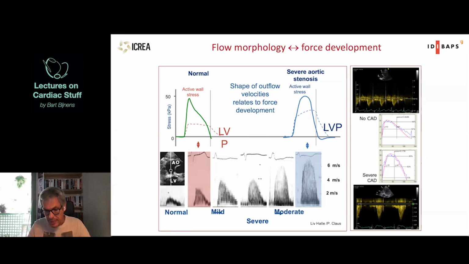And so looking at this would be similar. Or if you would, for example, take your volume traces over the cardiac cycle, if you would have this dynamics, then you will see also that that will change. So this information is present in everything that reflects how the ejection is taking place over the cardiac cycle. But the Doppler is one of the easiest and most robust ways to look at that, of course.